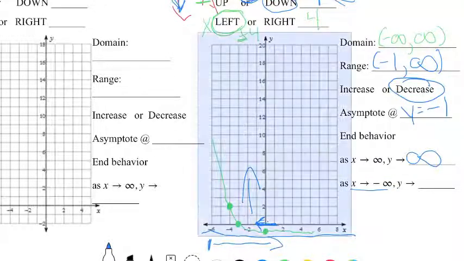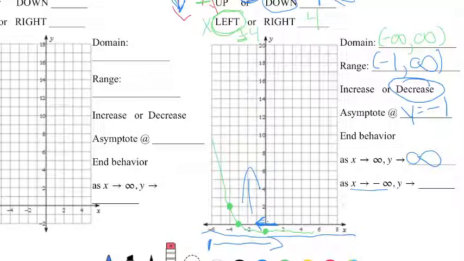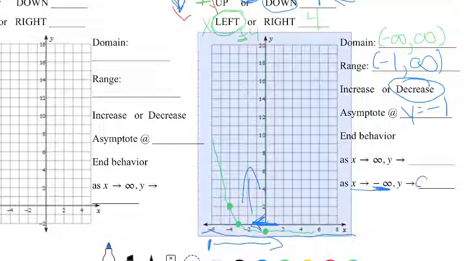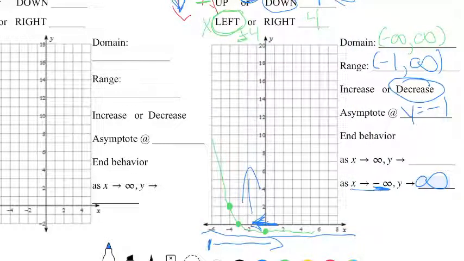So that was opposite. Excuse me. So as our x values go to -infinity, which is going to the left, we're going to positive infinity. If we have our x going to positive infinity, which is going to the right, we are slowly approaching y equals -1.